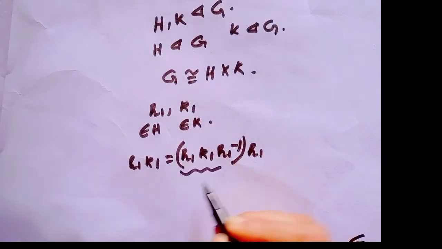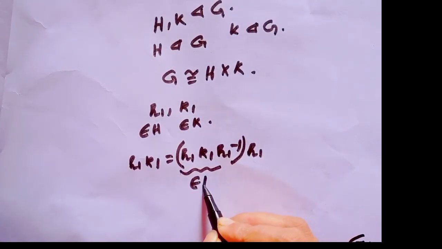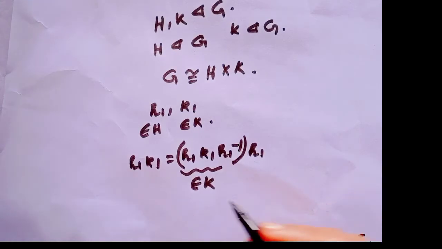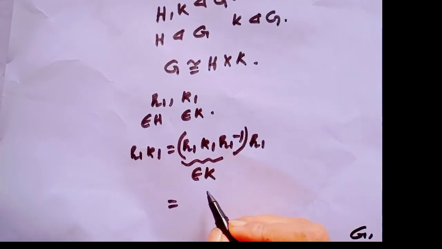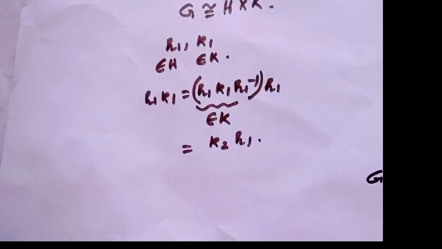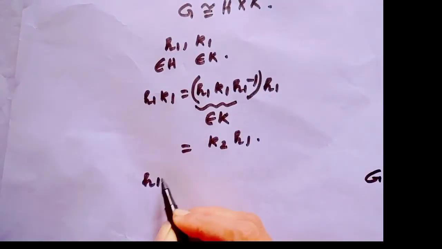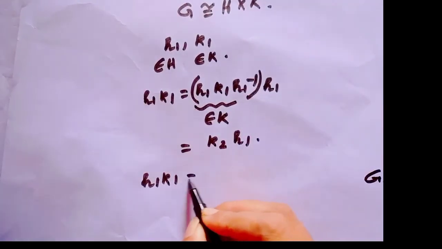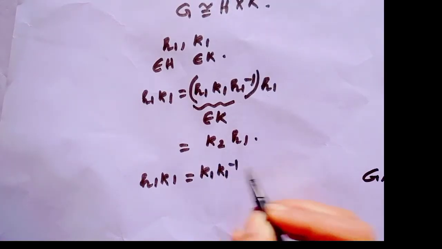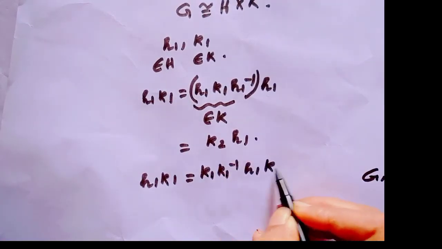Then this would be a member of capital K, for K is a normal subgroup. That means we can write this as k2 h1. Similarly, we can write h1 k1 equal to k1 k1 inverse h1 k1.